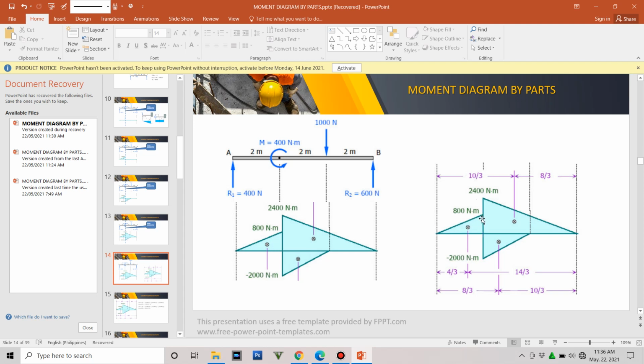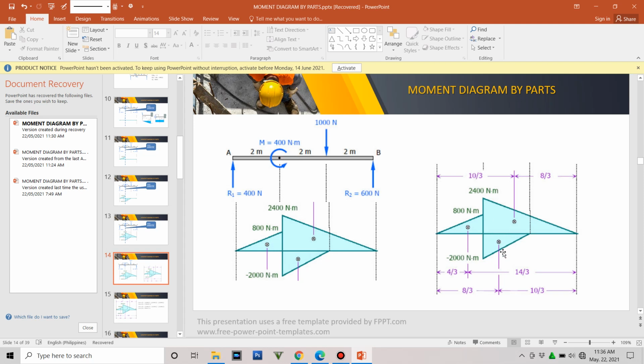So those are the positive triangles. For the negative triangle, we need to determine the base. That is the first step. What is the overall base of the triangle? It is plainly seen that it is equivalent to 2 meters.